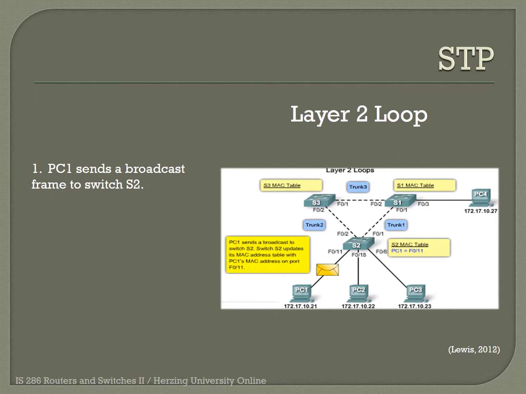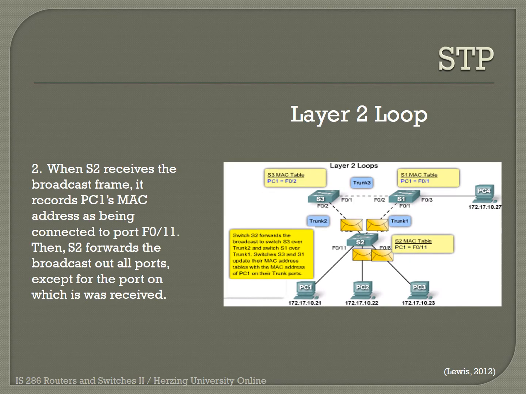Using the topology that we looked at on the previous slide, I'll explain how the loop occurs. First, PC1 sends a broadcast frame to switch S2. When S2 receives the broadcast frame, it records PC1's MAC address as being connected to port F011.